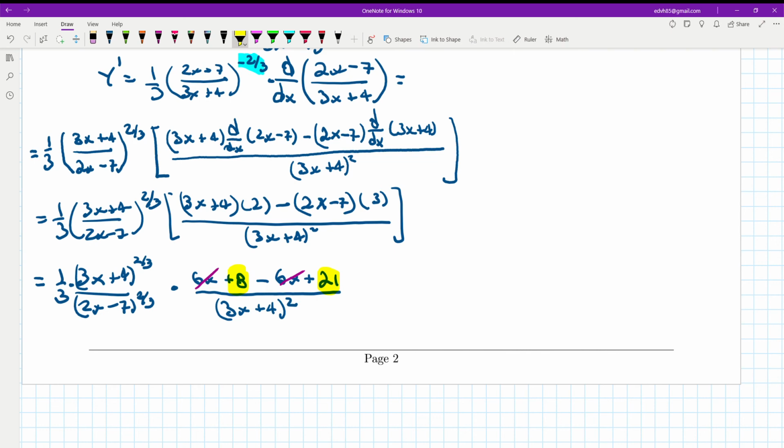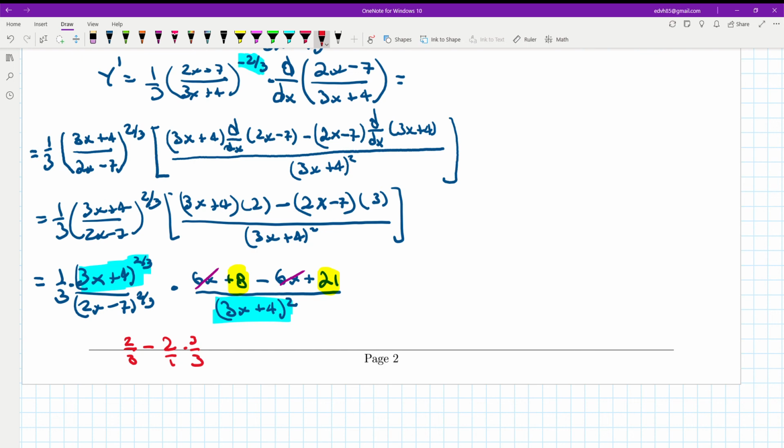Now, the reason why I split this 2/3 power is because notice we have this 3x plus 4 to the 2/3, and 3x plus 4 to the second power. All we need to do is subtract 2 from 2/3. Now, in order to get that, 2 times 3 over 3, so 2 minus 6, that's going to give us negative 4/3.